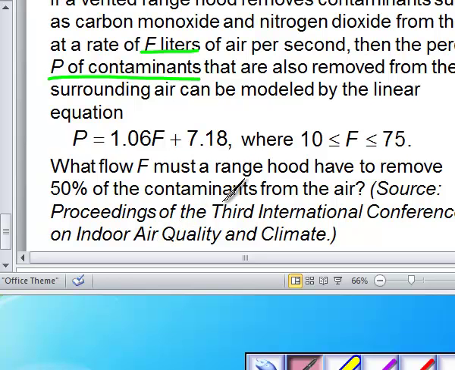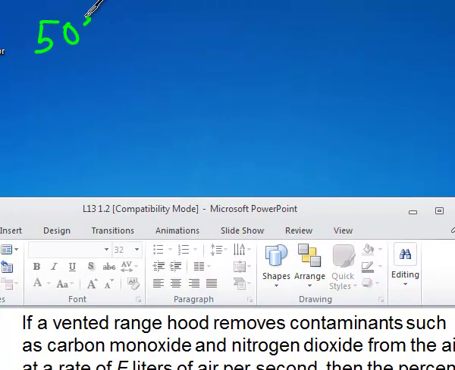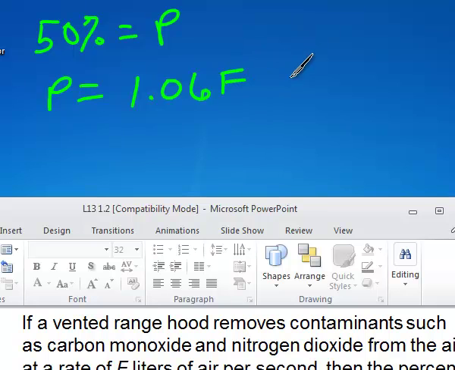All right, so we have our equation right here. We have 50% for P. And we have our equation P equals 1.06F plus 7.18.